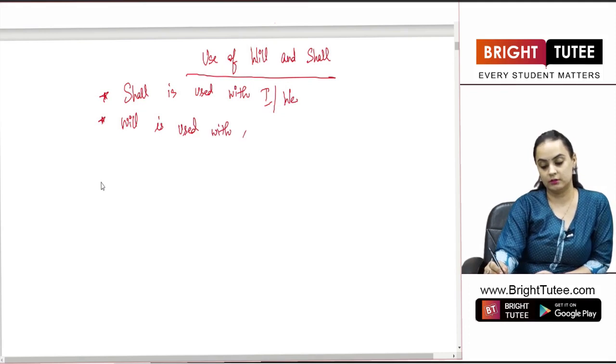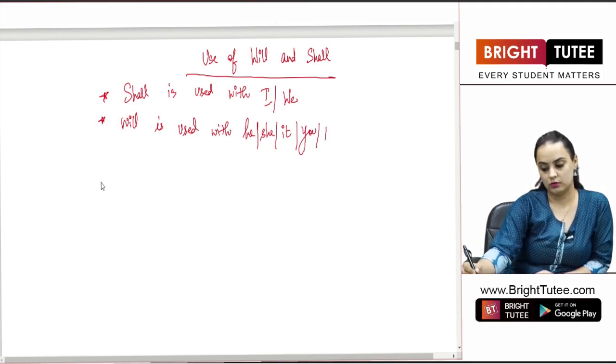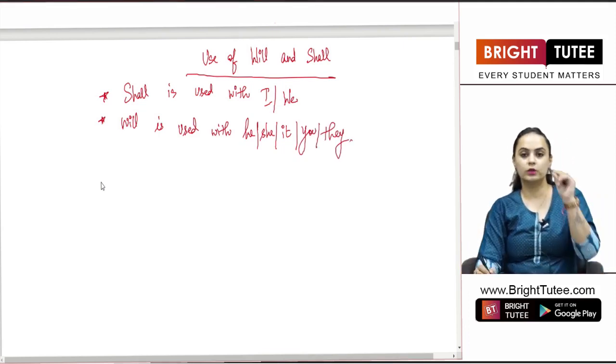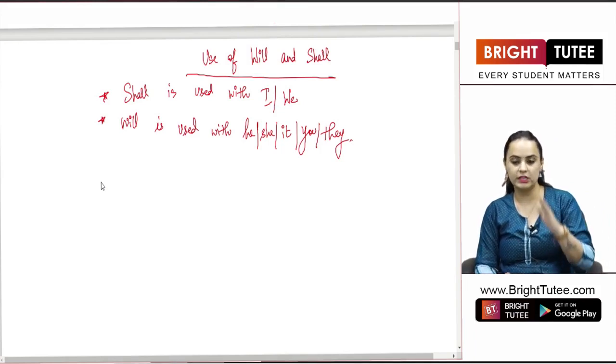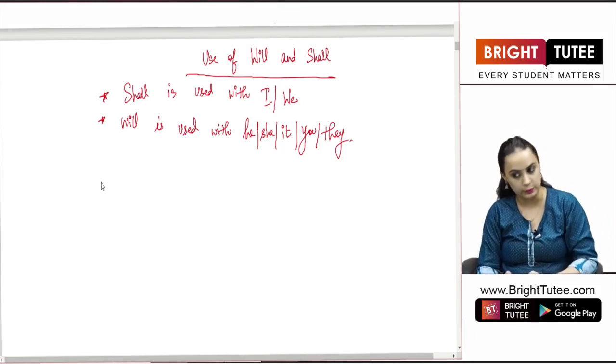Whatever are the leftover pronouns, he, she, it, you, they. So with I and we use shall, and with you, he, she, it, they, we use will.